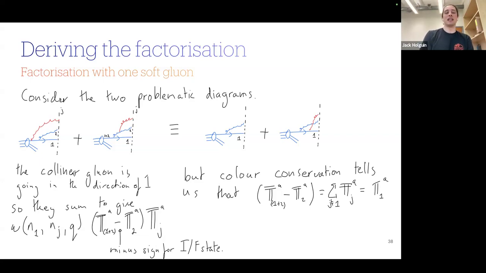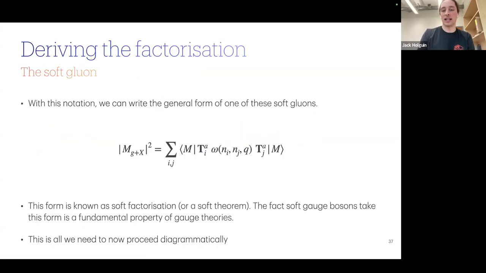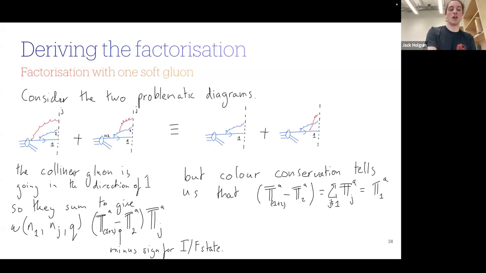And so it's going to be attached to some particle j in the partonic process, and then it's going to be attached to either 1 or 2. But because 2 is collinear to 1, they both share the same direction. So the kinematic factor on the previous slide, this omega n_i n_j, in both cases is actually just omega n_1 n_j and then the momentum q of the soft emission. So that kinematic factor is always the same.